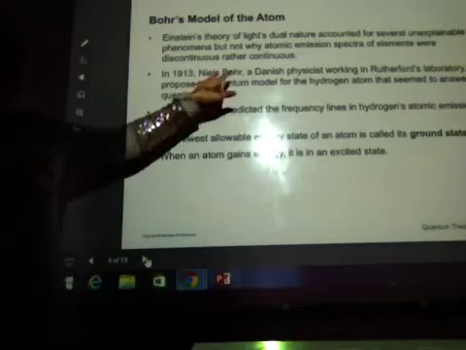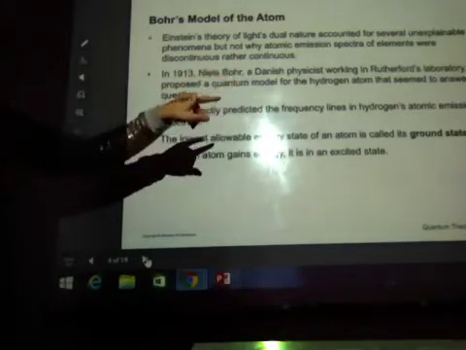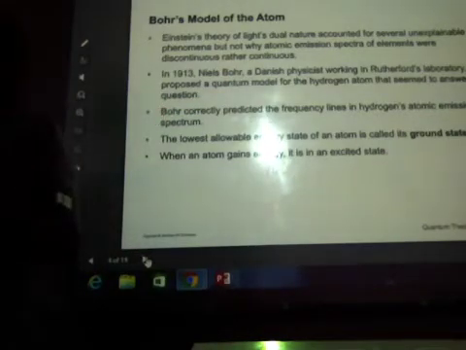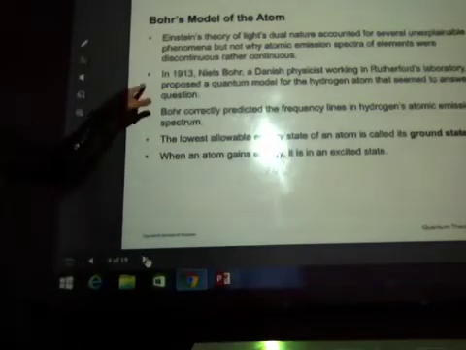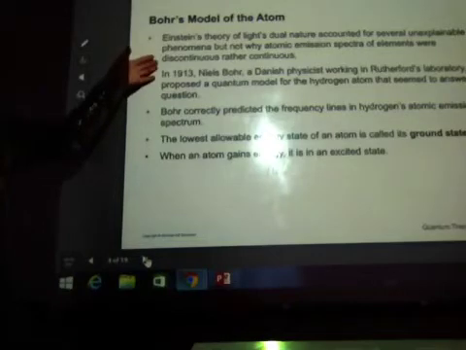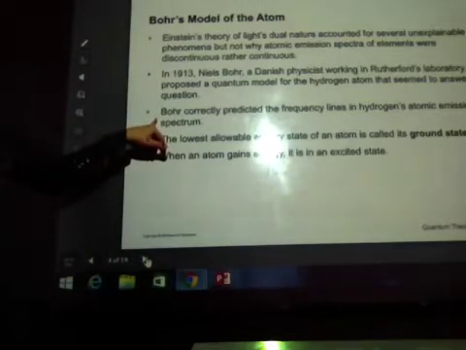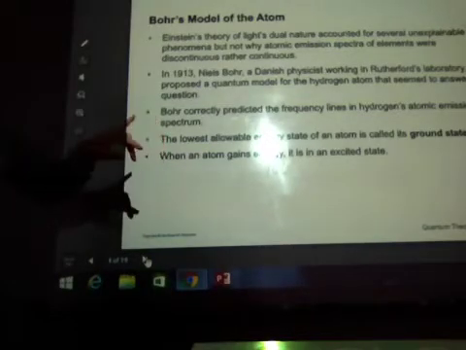He worked with Rutherford, he worked in his laboratory, proposed a quantum model, and they worked with hydrogen. So hydrogen was the first atom that was worked with, and worked on answering about the spectrum. Both correctly predicted that these frequency lines would show up in the atomic spectrum.